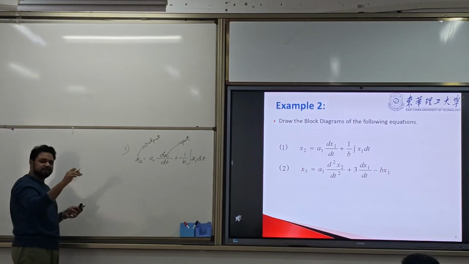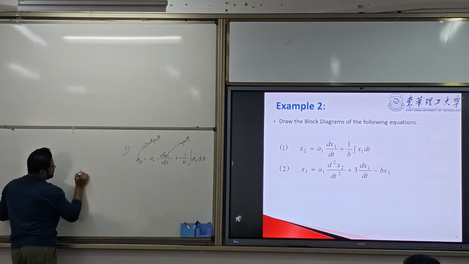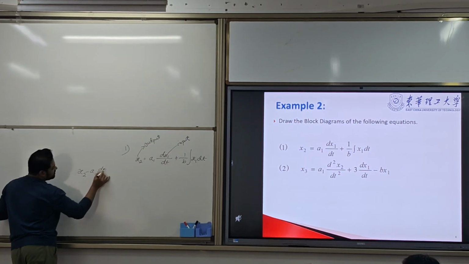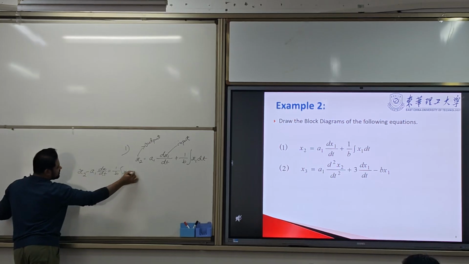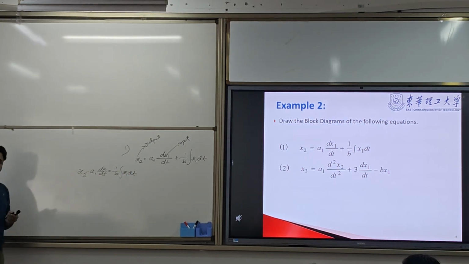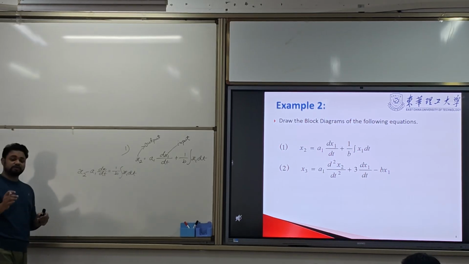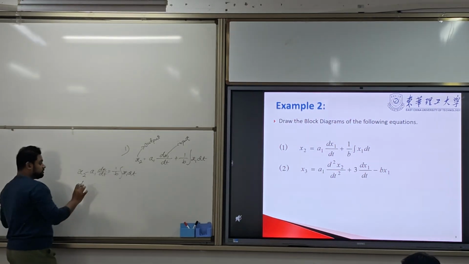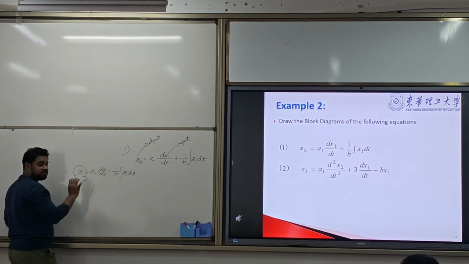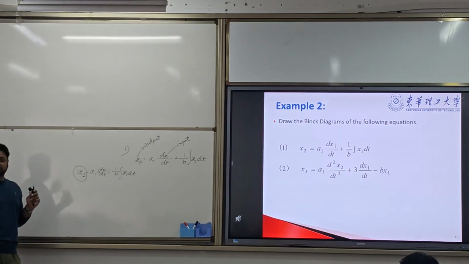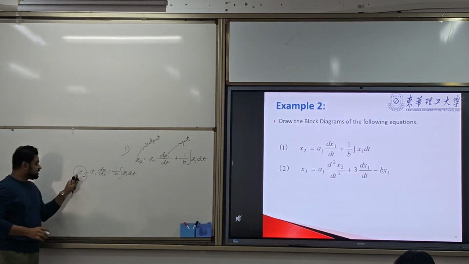Look, this equation can be given in another way, like this: x2 minus a1 dx1/dt is equal to 1 by b integration of x1 dt. So you need to define the input and output precisely. How do you define it? I told you, first of all, you need to define the output. Output is always alone, no constant value, no operation.